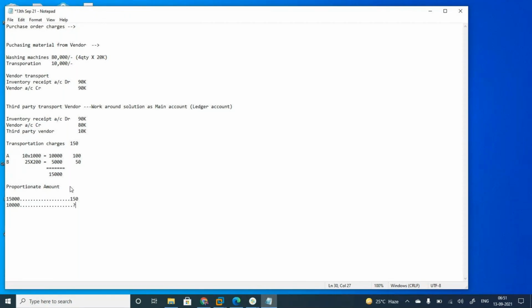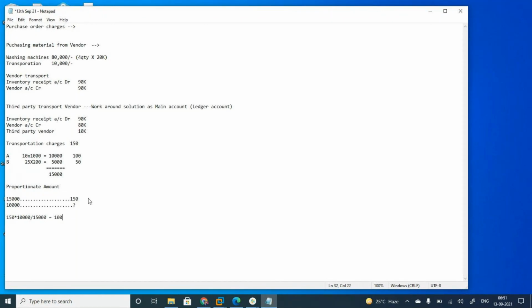So 150 multiplied by 10,000, divided by 15,000, we calculate this as 100.